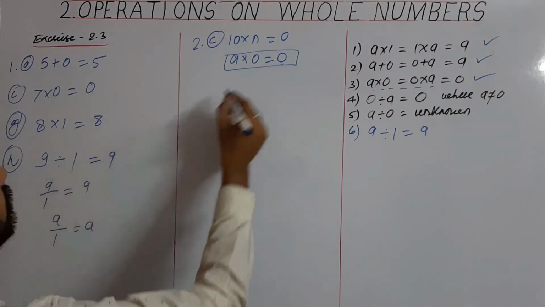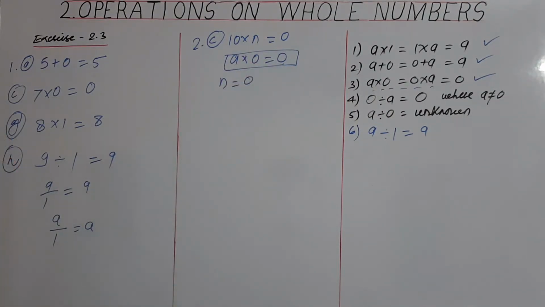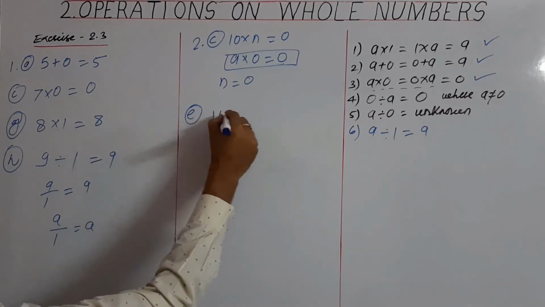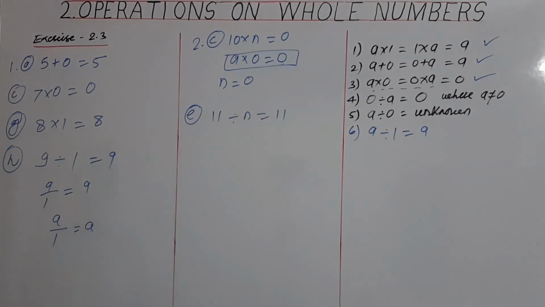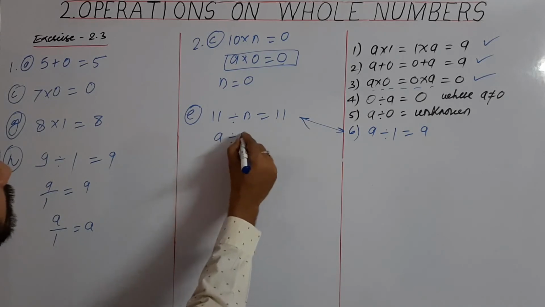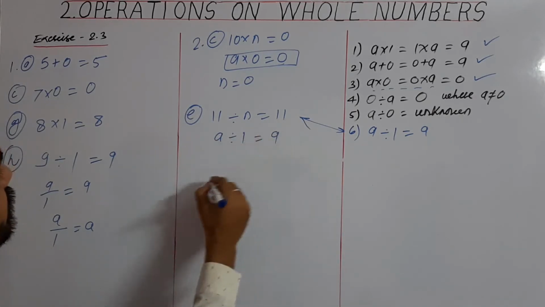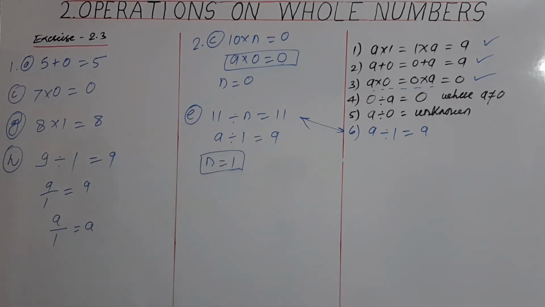So here the value of n will be 0. Next, E. 11 divided by n equals 11. Again, this is similar to the sixth property, a divided by 1 equals a. So the value of n here is 1.